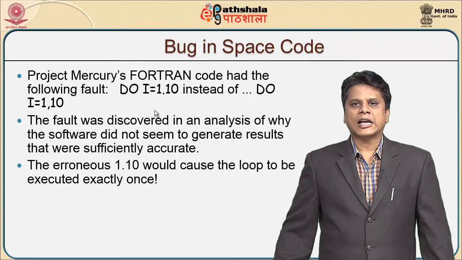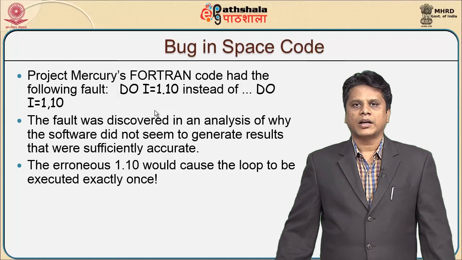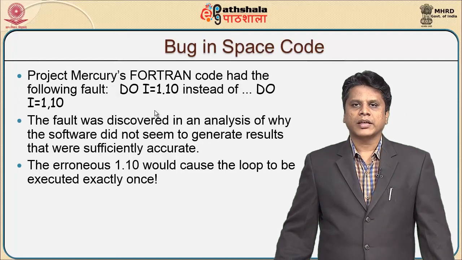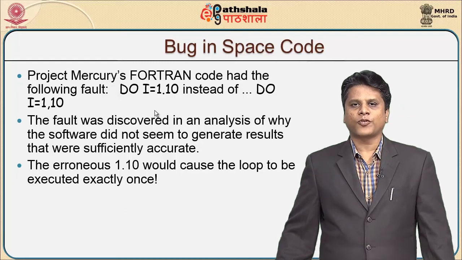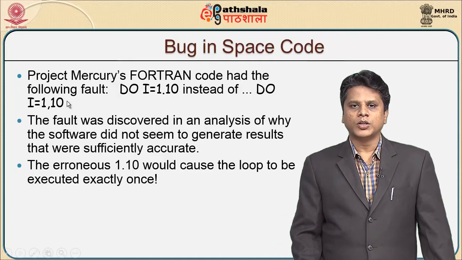We will see a few examples which have actually happened as part of the implementation of the code. Say if you look at project Mercury's Fortran code, this had a faulty loop, DO I equals, it should have been 1 comma 10, instead of that the programmer has typed 1.10.